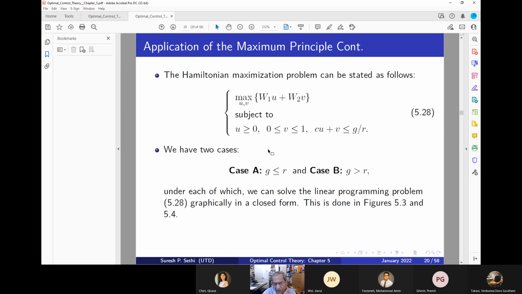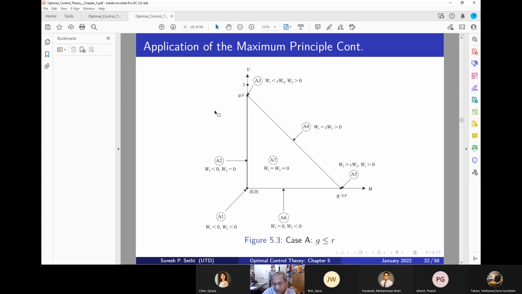We already talked about this. We have some constraints. The constraints define something called a simplex. In our case, the simplex is like a triangle. Different cases: this is case B and this is case A. So for example, if there was only one control variable, the control variable can switch from here to here and back here. That's a bang control.